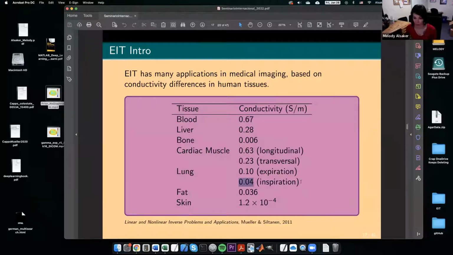When you breathe in, which is what inspiration means, your lungs fill up with air and the conductivity of the lungs goes way down because of all the air there. Even when your lungs are fully exhaled on expiration, the lung tissue just does not conduct electricity especially well compared to some of the surrounding tissue, the blood, and the cardiac tissue, that's the heart, which has very high conductivity as well.